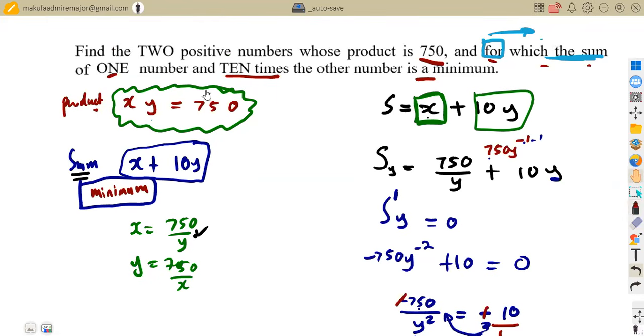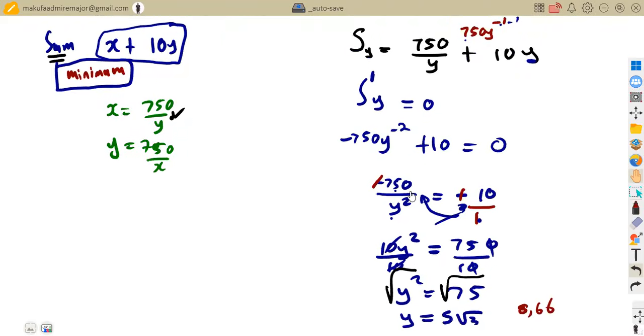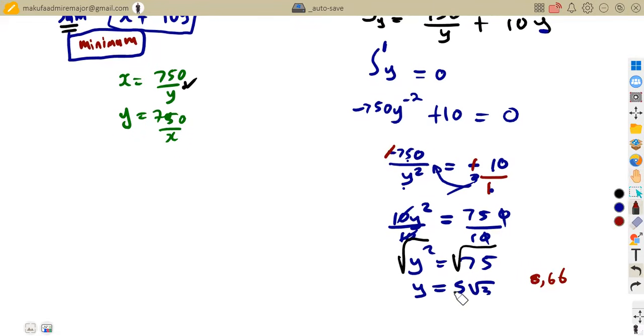They did not say whole numbers. They just say positive numbers, so it can be a decimal as long as it's positive. So we are not going to take the plus or minus concept. We are just going to consider the positive value because we are told that this is supposed to be positive. So this is the first value of y that we have, which is 5 square root of 3 or 8.66.